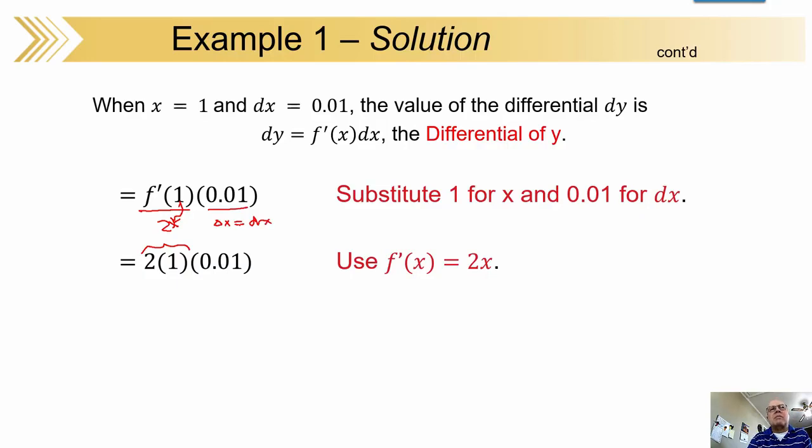So that makes things simple. It's the delta y and the dy that'll be different. Not too much, but some. So there's your dy, which you can, for most purposes, assume is very close to the delta y.